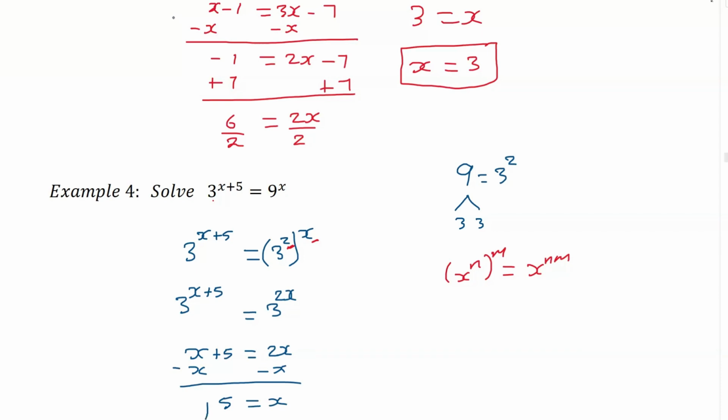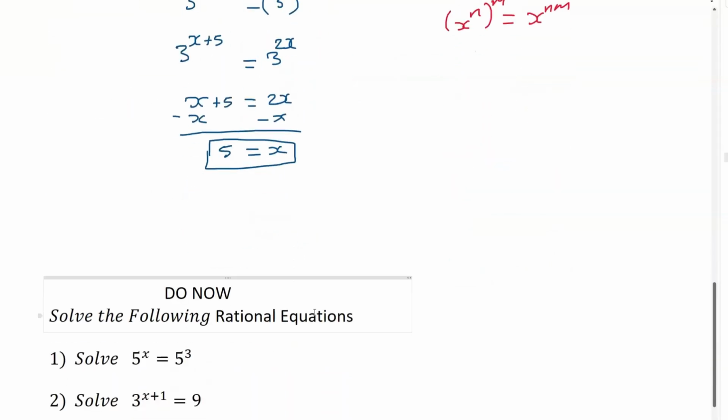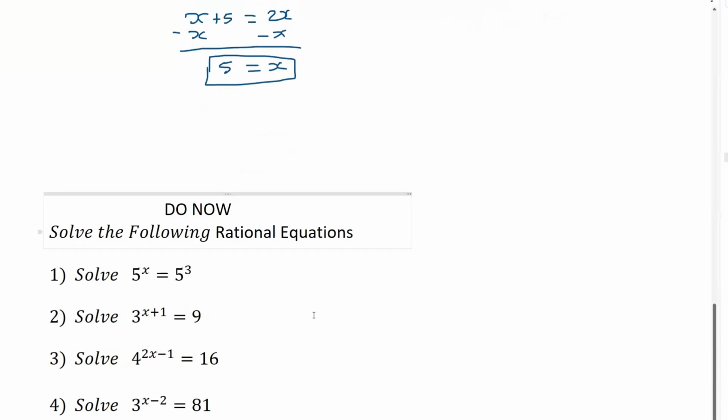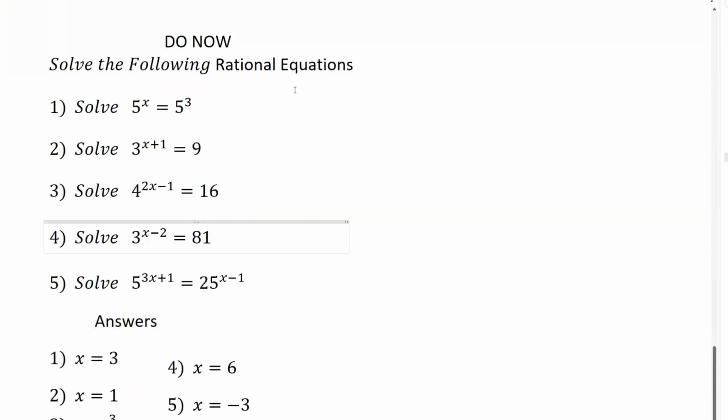So the solution for this equation is that x is equal to 5. So, double check to see. All right, so here, what I have next is some examples for you to solve using the same method. You want to have the same base, and then once you have the same base, set the exponents equal to each other.